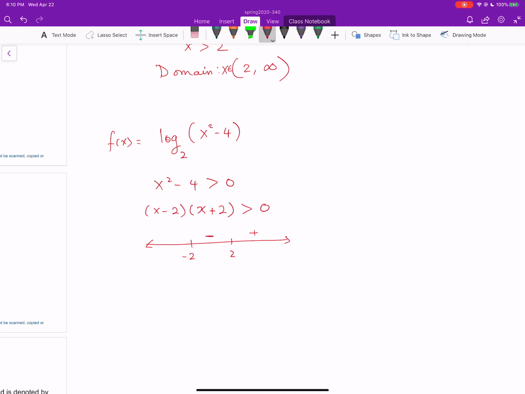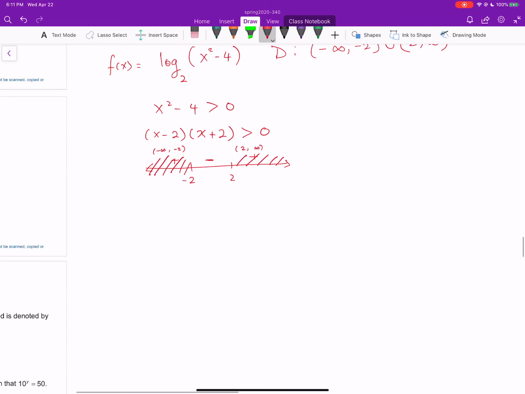If you pick a test value less than negative 2, say negative 5, then you get negative times negative, that's positive. So I know that the domain is anything from negative infinity to negative 2, and then this other region from 2 to positive infinity. So the domain is negative infinity to negative 2 union 2 to infinity.